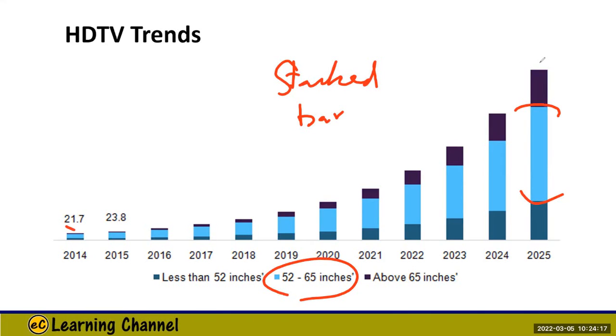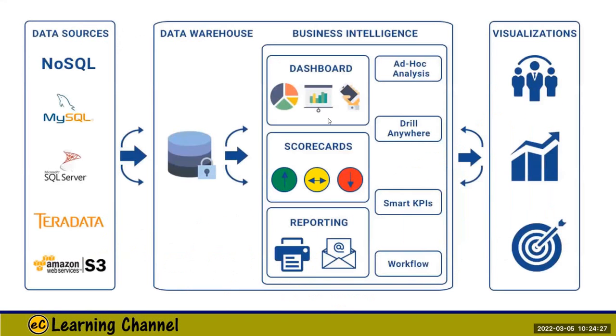The overall trend is shown, but it also shows you the percentage of each category of the TV product. So that's trending.